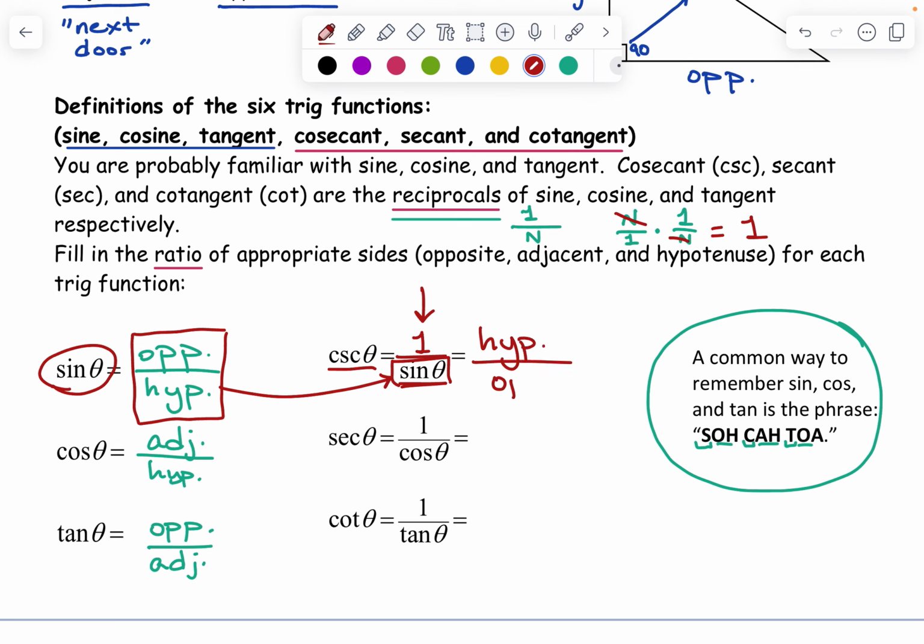So instead of opposite over hypotenuse, it would be hypotenuse over opposite. And then same thing for the secant, we would just flip the original ratio. And for cotangent, we would just flip the original ratio.